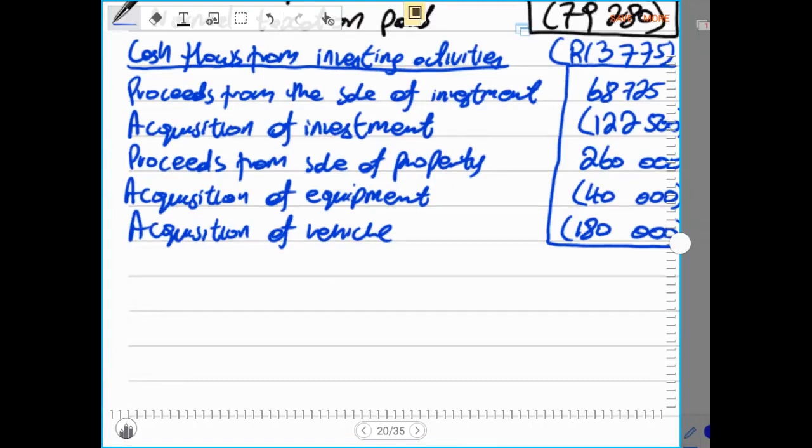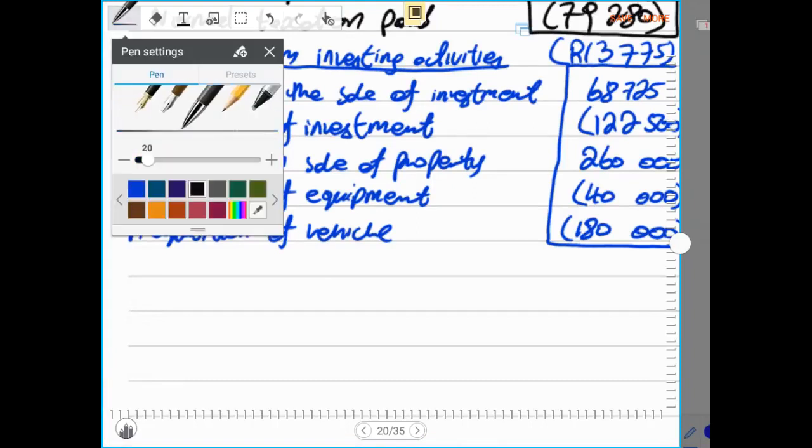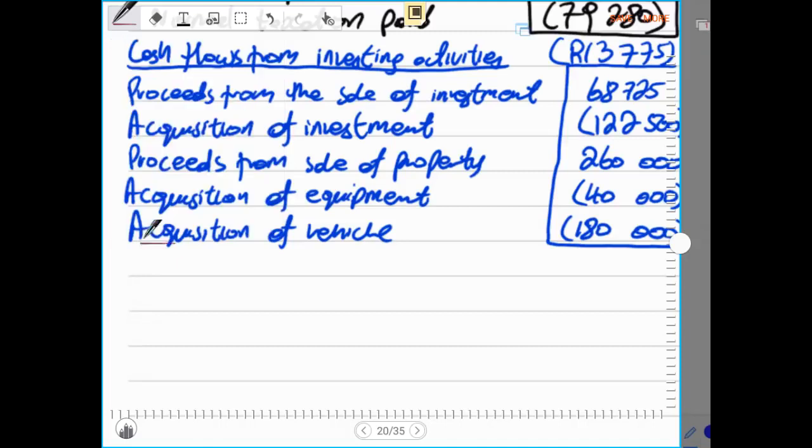Then now we do the last part of cash flow, which is cash flows from financing activities.